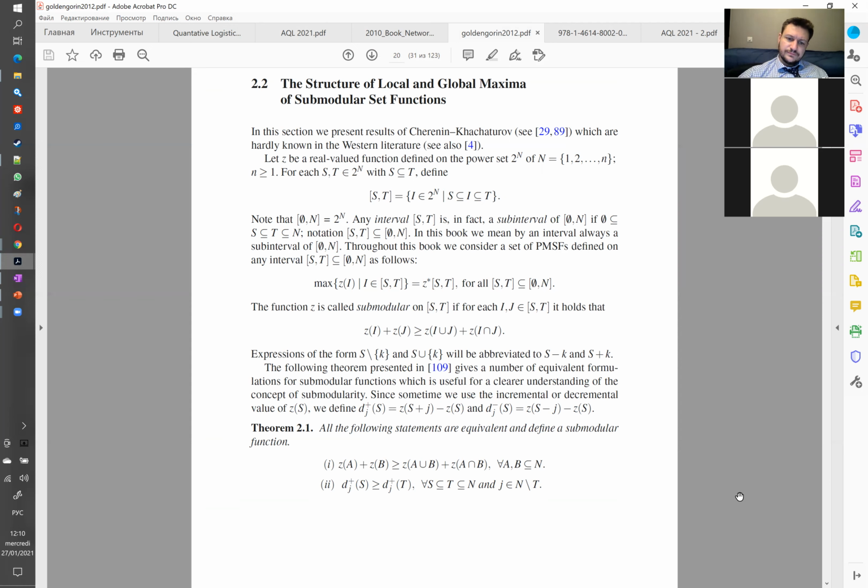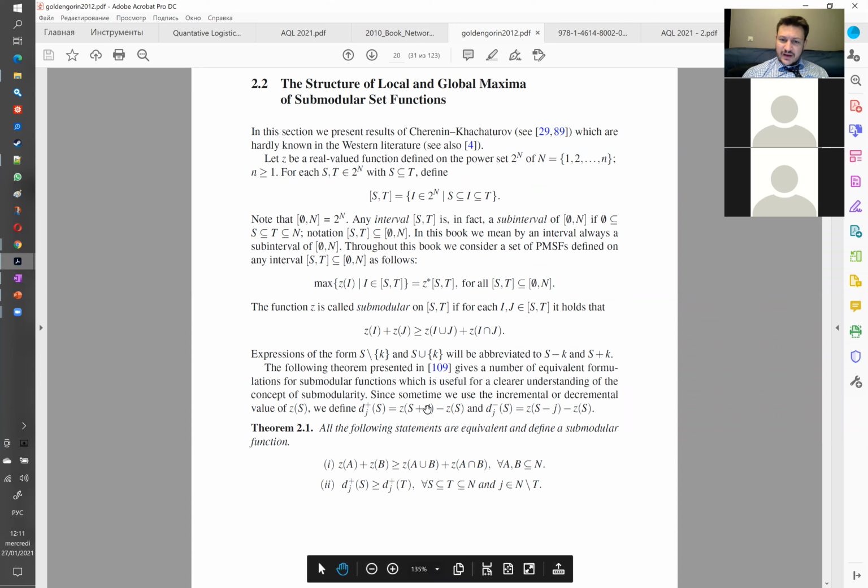And this one is just the definition of a submodular function, and this one is a definition too, but it is that expression that we have discussed.